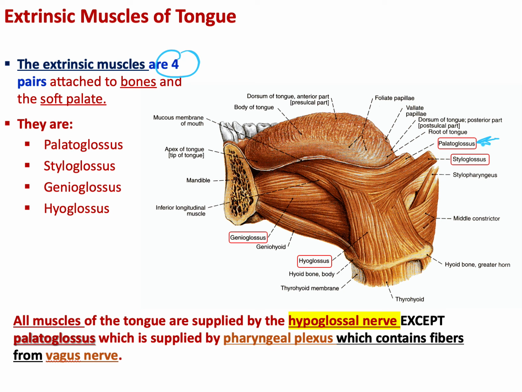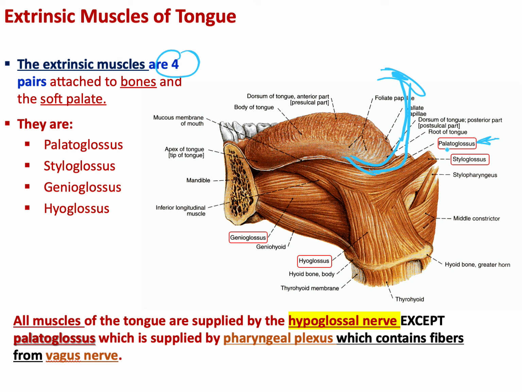We talked about it yesterday. It originates from the palatine aponeurosis, from the soft palate. You remember the soft palate, right? That's covered by the palatine aponeurosis. So from that aponeurosis, a muscle originates and moves down to the lateral dorsal surface of the tongue to be inserted there.